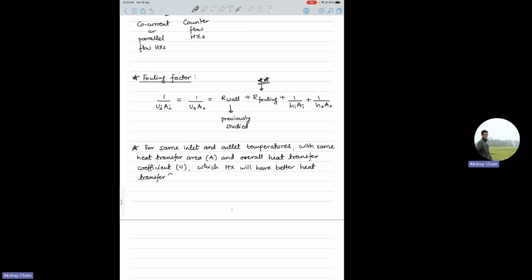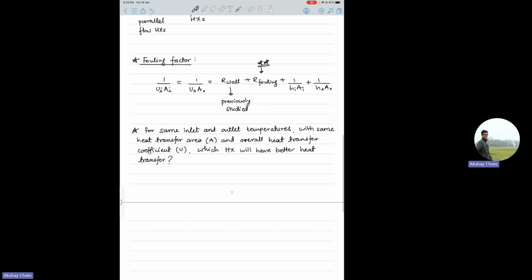And this was discussed in the class also, that the LMTD, logarithmic mean temperature difference, for a counterflow heat exchanger is greater than the LMTD for parallel flow, and therefore typically people prefer counterflow, because yeah, sorry, I made a mistake here.